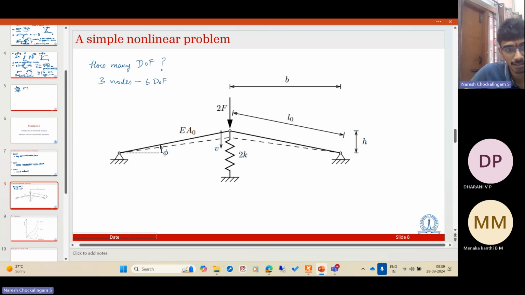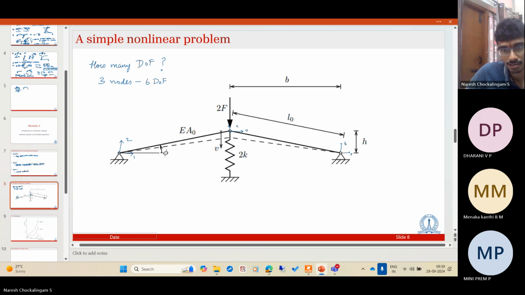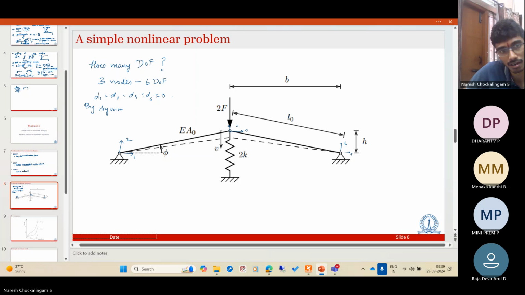But you say here, let us call them 1, 2, 3, 4, 5, 6. You know that D1, D2, D5, D6 are 0 by boundary conditions. And by symmetry, what is 0?